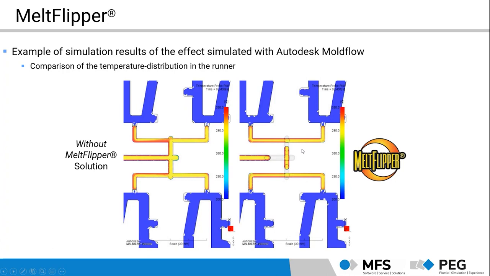It is important to say that it is not really easy to simulate this effect in Moldflow. The reason is I already told you that we have two causes of these effects. One is the increase in temperature. This is possible to simulate here when the mesh is fine enough. That's really important to say.